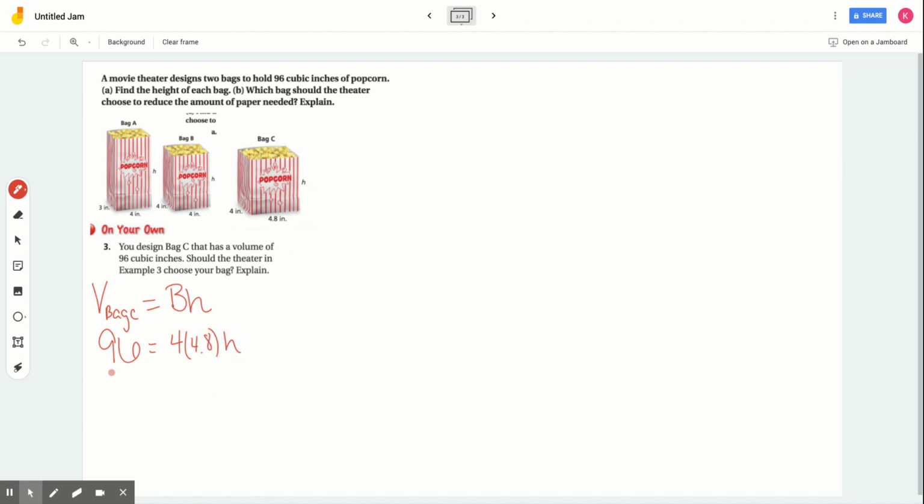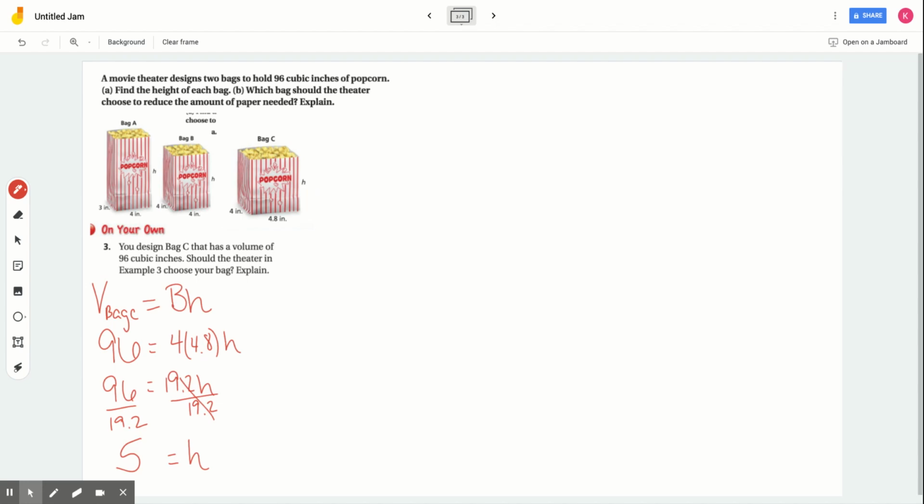So we're going to solve for this variable. As we multiply 4 times 4.8, we end up with the value of 19.2. So 19.2 times h would equal the volume of 96. Now, since these are multiplying, we know that we have to divide by 19.2 on each side. And when you divide this, you end up with a height of 5. So the height of bag C is 5 inches.